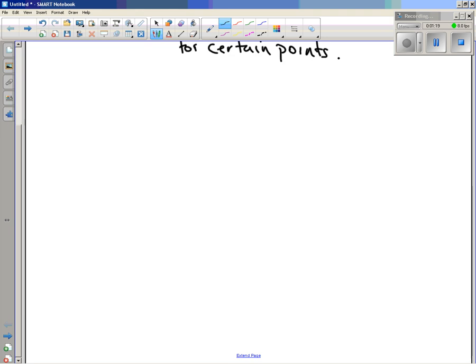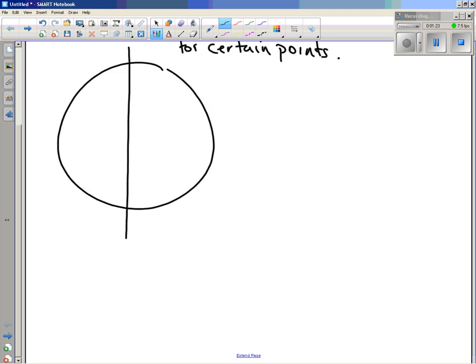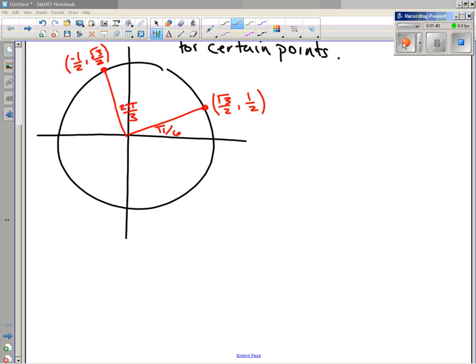So for example, if we drew a circle, and we put on, say, our point pi by 6 or 30 degrees, what are the coordinates of our point at pi by 6?